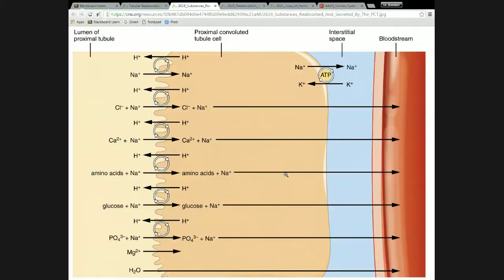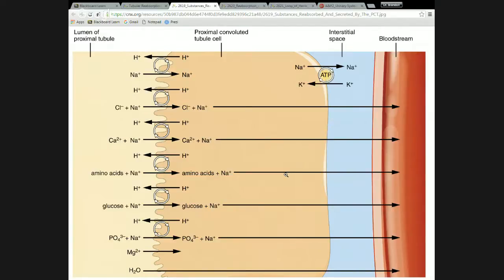And a bunch of stuff is tied to that movement of sodium. In all of these, it shows sodium coming in causes hydrogen ions to go out. Chloride can be pulled in with sodium. Calcium can be pulled in with sodium. Amino acids can be pulled in with sodium. Glucose can be pulled in with sodium. Phosphate can be pulled in with sodium.